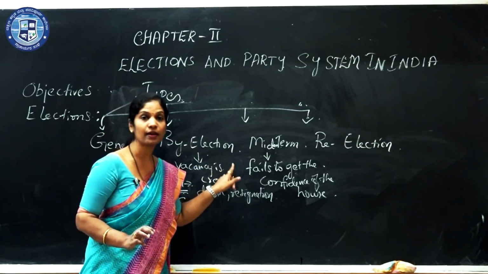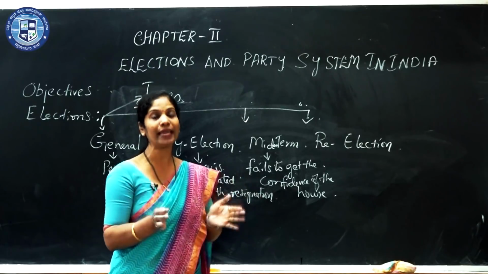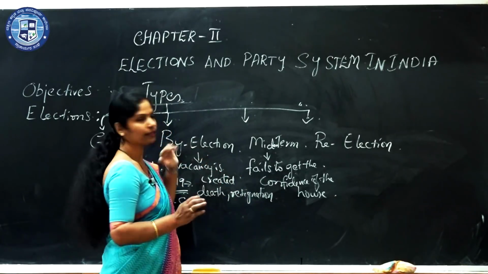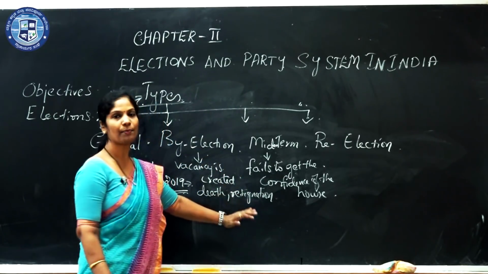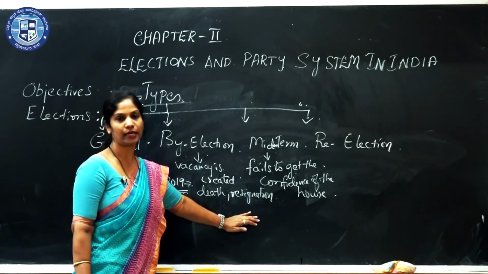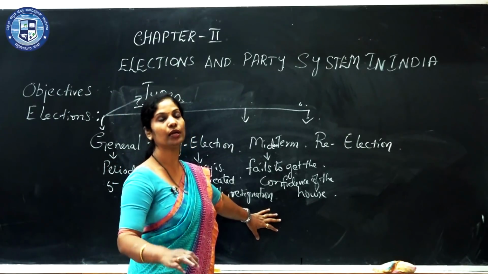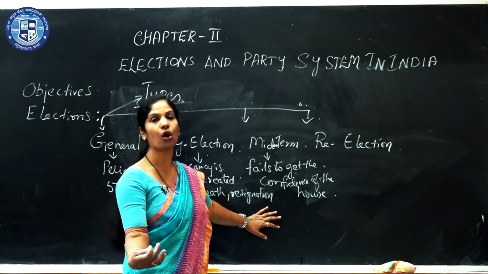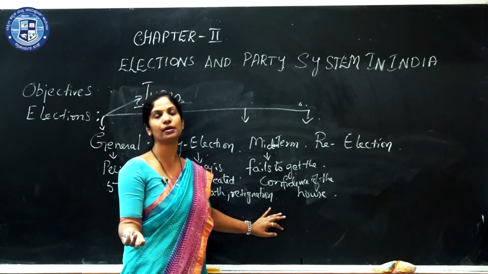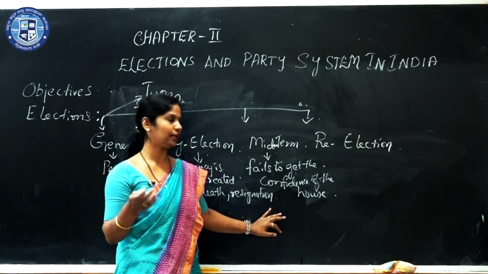The elections which are conducted only for the vacant seats are known as by-elections. In Karnataka, recently the by-elections were held to the posts of the disqualified members of the State Legislative Assembly.